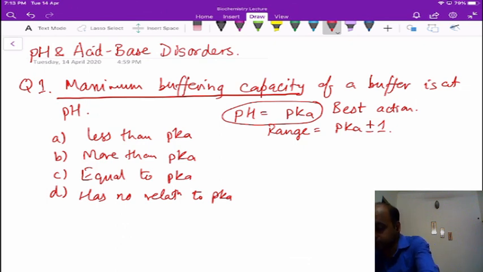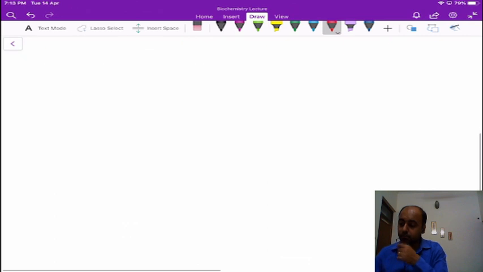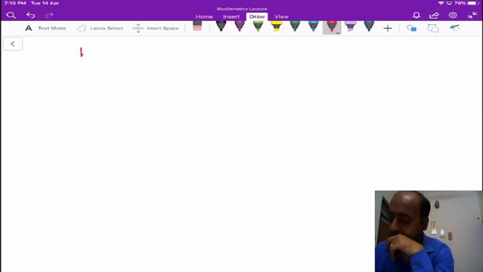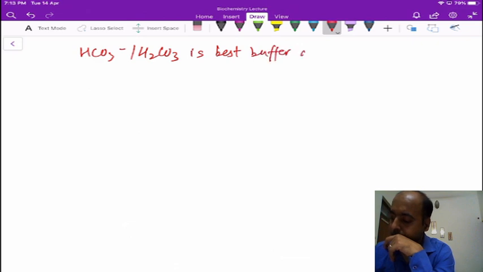Okay, second question that we had seen previously. Why is the bicarbonate buffer system, HCO3 minus and H2CO3, the best buffer due to?